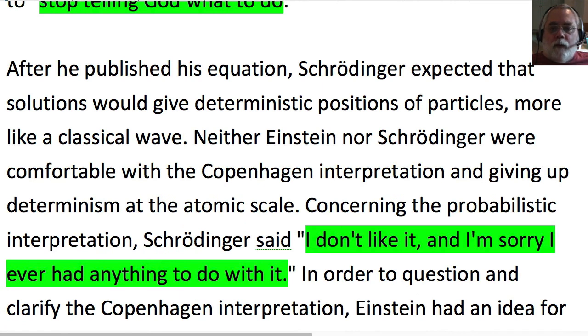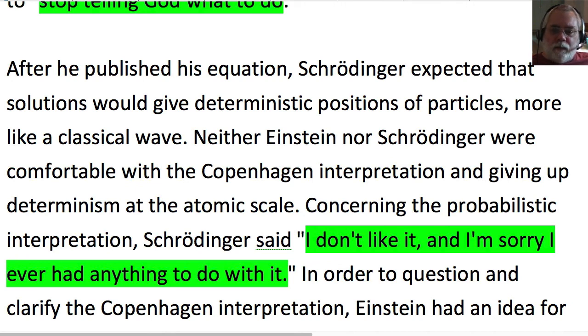After he published his equation, Schrödinger expected that solutions would give deterministic positions of particles, more like a classical wave. Neither Einstein nor Schrödinger were comfortable with the Copenhagen interpretation and giving up determinism at the atomic scale.